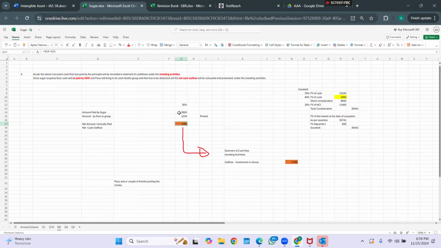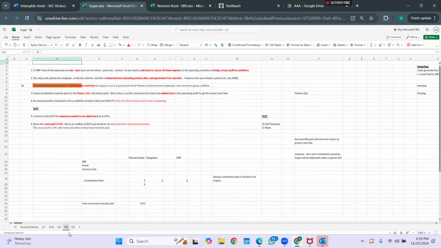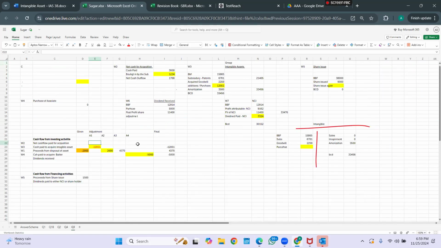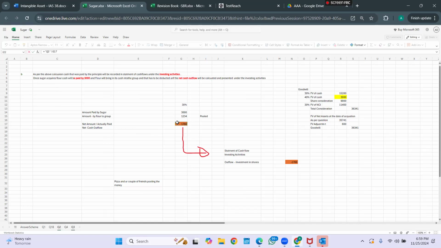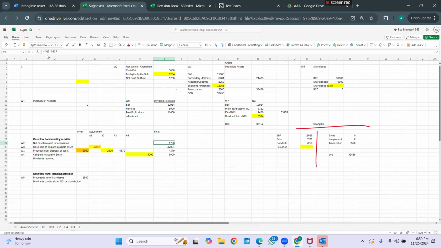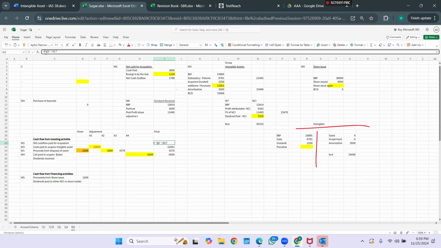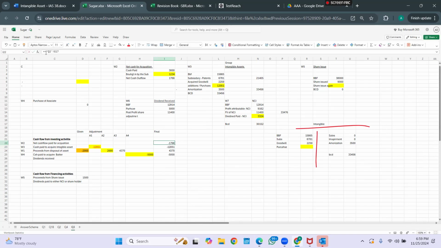This figure, I explained in your previous recording. This is an outflow of cash, so you need to include this in your calculation as well. How much should the outflow be? 1766. I would include a minus in front of it because it is a cash outflow. Why did I have that cash outflow?